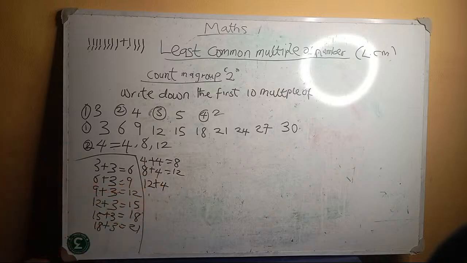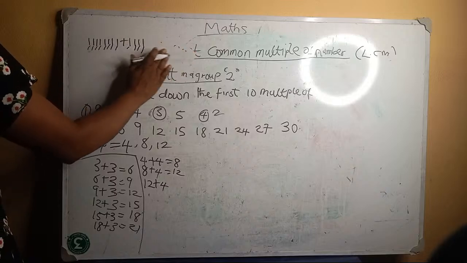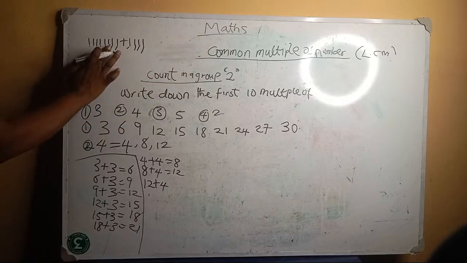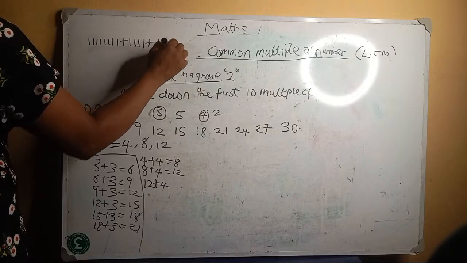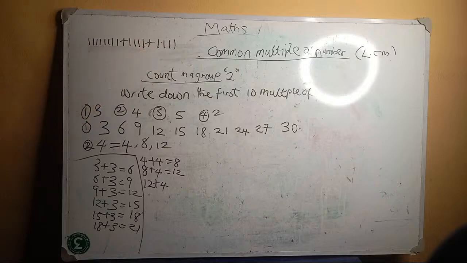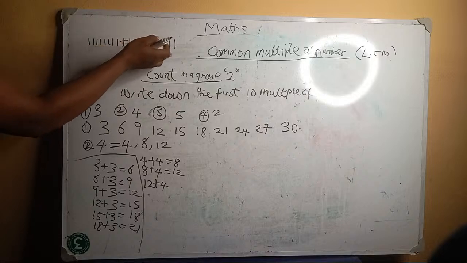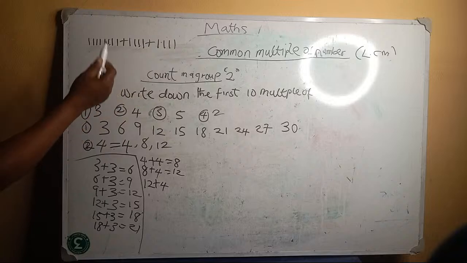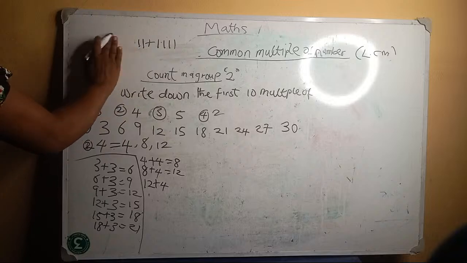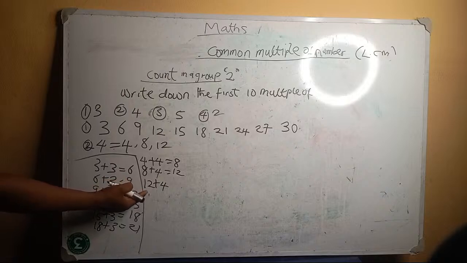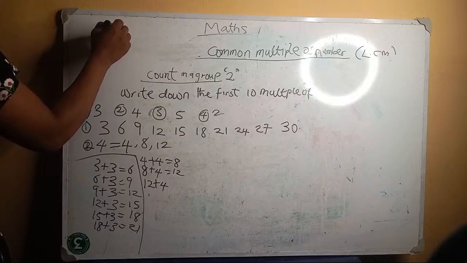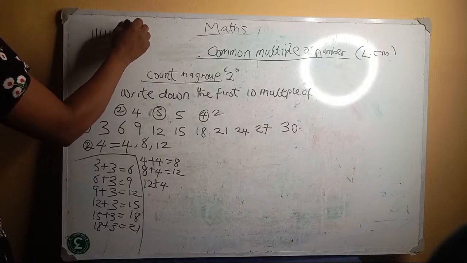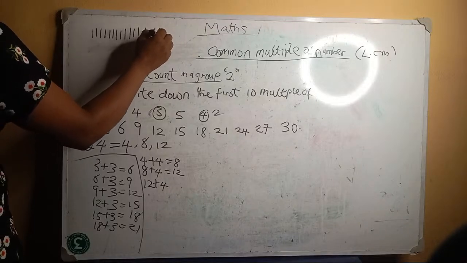Then coming to the next one, you write down this 12 that you have gotten as your answer plus another 4. You will not clean this one up. The only thing you need to do is to add an extra 4 again. So 12 plus 4: 1, 2, 3, 4, 5, 6, 7, 8, 9, 10, 11, 12 plus 1, 2, 3, 4.